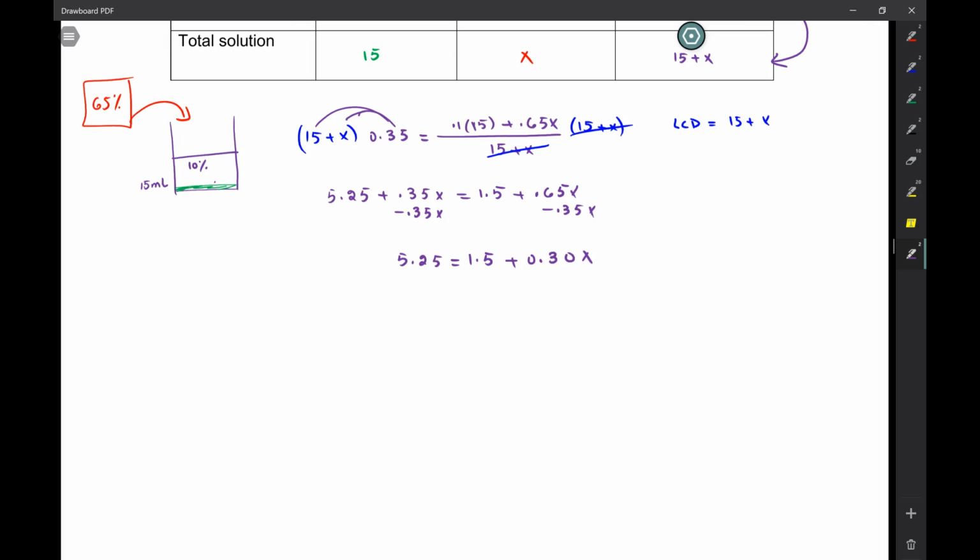Then subtracting 1.5, 3.75 is equal to 0.30x. Divide by 0.30, and I get 12.5.